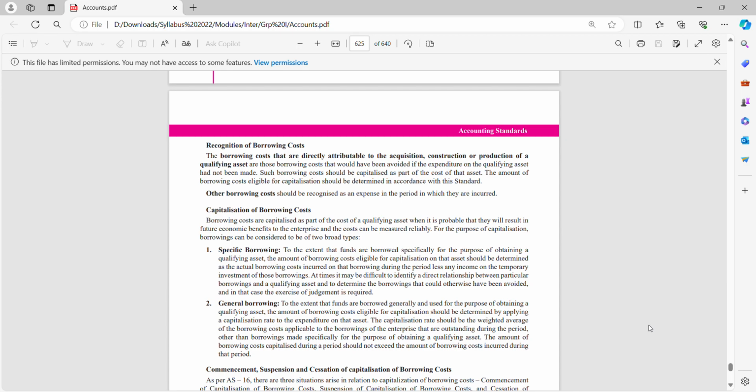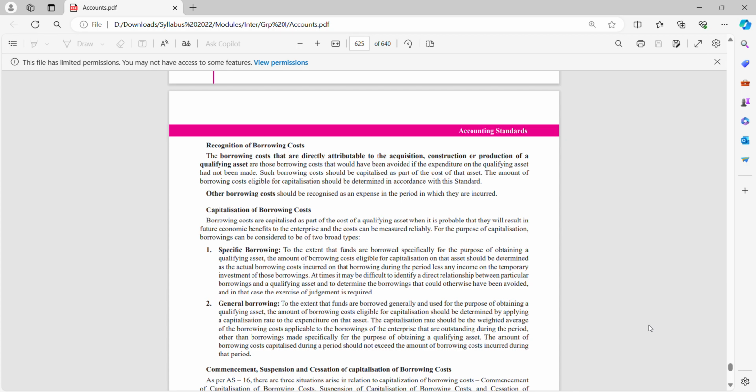To the extent that funds are borrowed generally and used for the purpose of obtaining a qualifying asset, the amount of borrowing cost eligible for capitalization should be determined by applying a capitalization rate to the expenditure on that asset. The capitalization rate should be the weighted average of the borrowing costs applicable to the borrowings of the enterprise that are outstanding during the period, other than borrowings made specifically for the purpose of obtaining a qualifying asset.